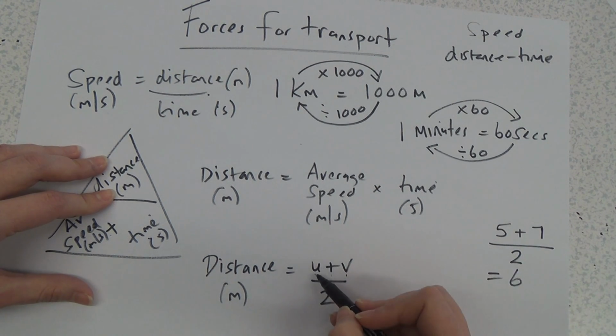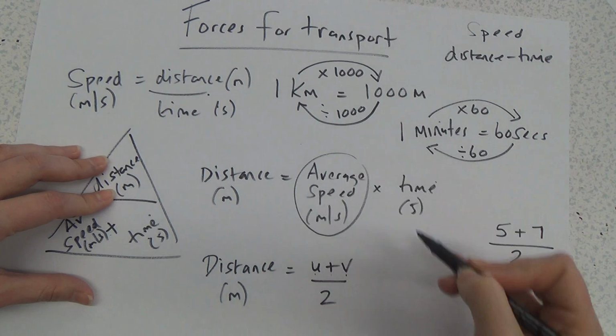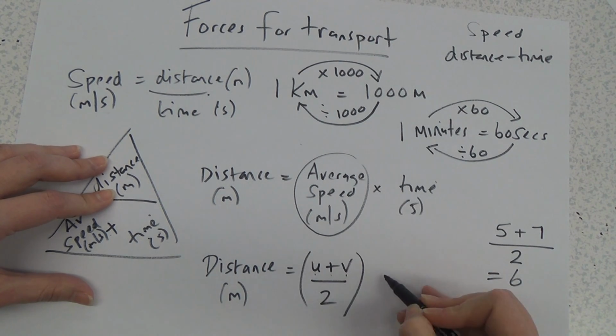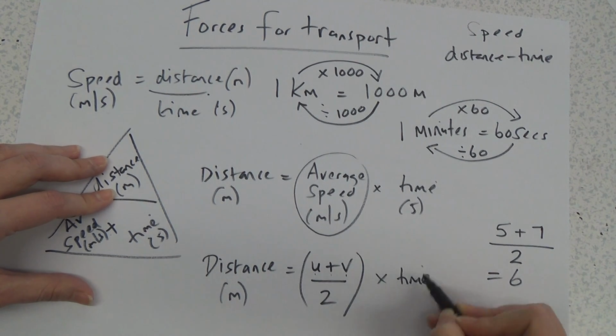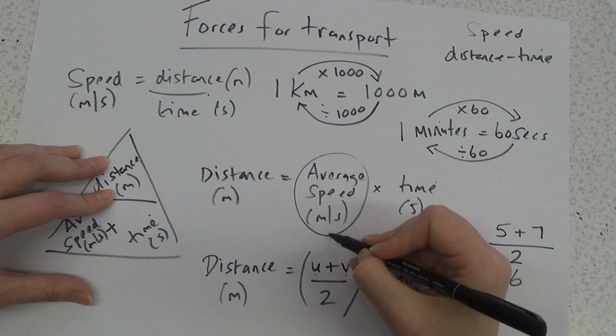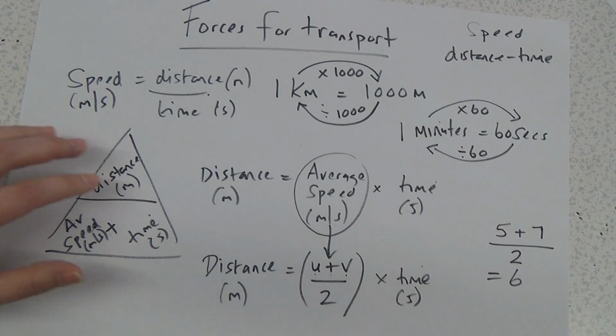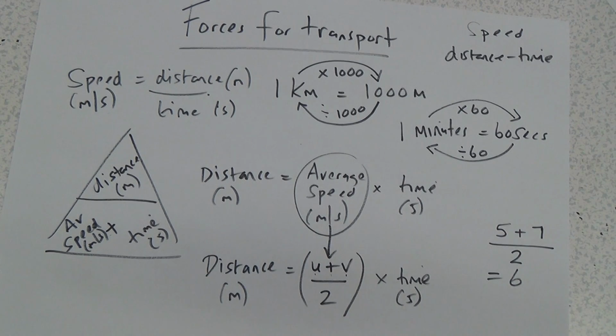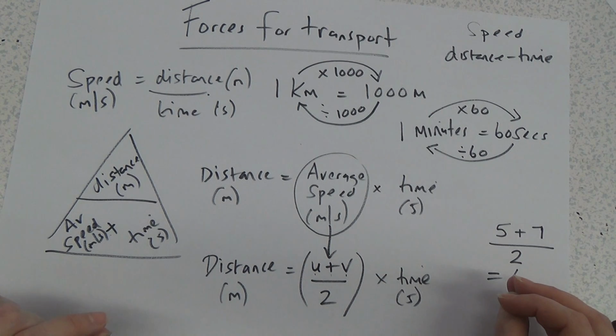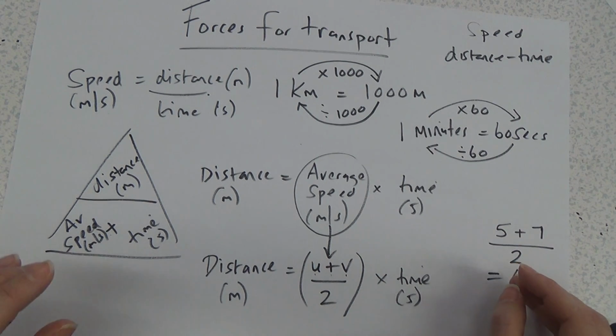In this case, you're taking the average of the start and end speeds, dividing by 2 to work out the average speed. That is then multiplied still by the time in seconds. But that little equation is just how you'd work out the average if you're given a start speed and an end speed. Add them together, divide by 2.